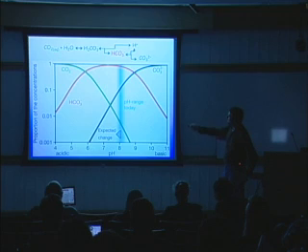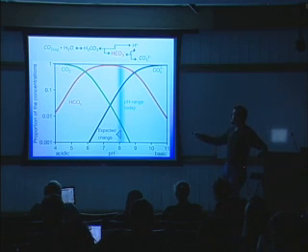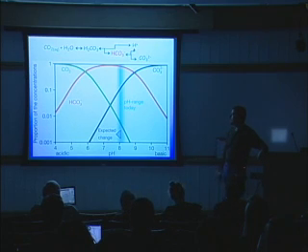And so this is where the DIC equals the alkalinity. And at that point, basically, almost all of the CO2 is in the form of bicarbonate. There's very little carbonate or CO2 in the waters.